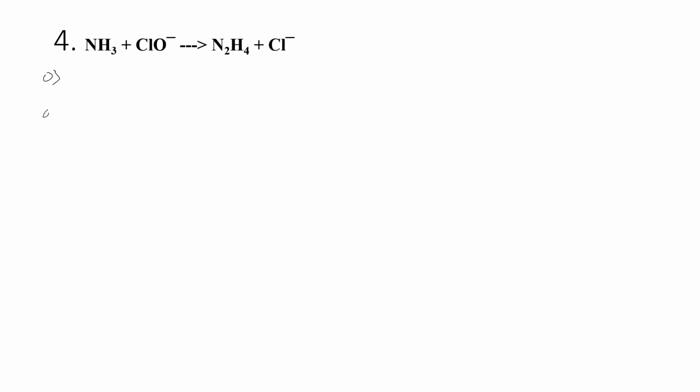First, we separate into two parts, NH3 to be N2H4. Then the number of N here is 2, so we need to multiply this by 2. The number of H is 6, here 4. So we need to add 2H plus and then 2e minus.